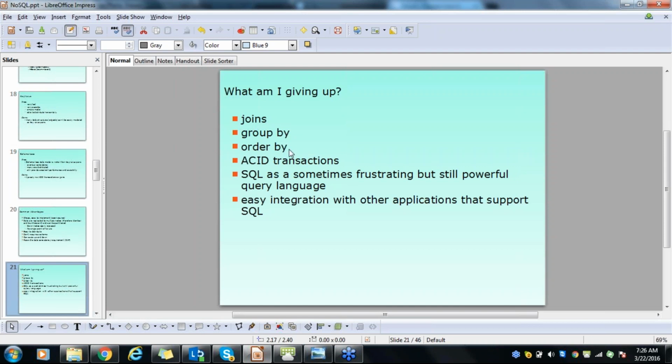There's no group by, there's no order by, because the data is scattered and it's not in an increasing or decreasing order. Then ACID transactions. If I delete in a primary table, first it will not allow me to delete in the foreign key table, right?